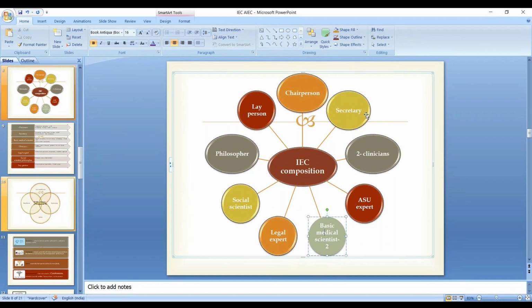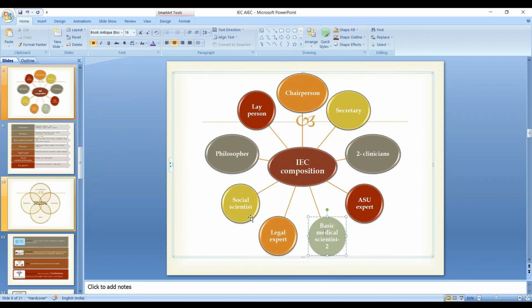If any untoward effect is observed in the patients, they can claim, and in that condition the legal expert will take care of all those things. The legal expert also has to look after the consent form, whether the consent form you have made is proper and appropriate or not, along with the secretary and chairperson.